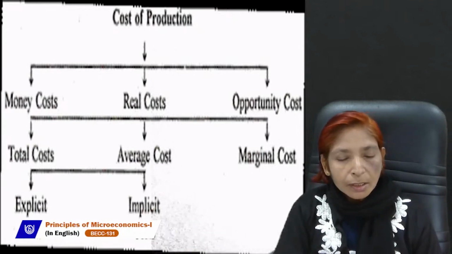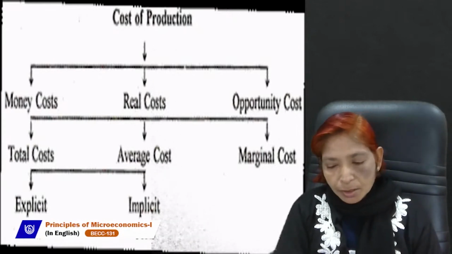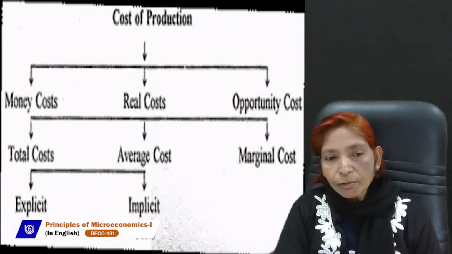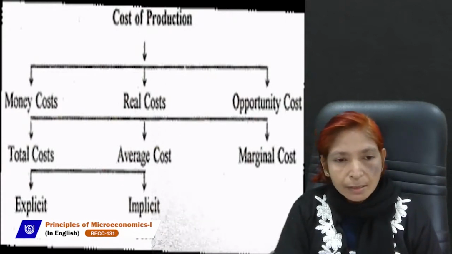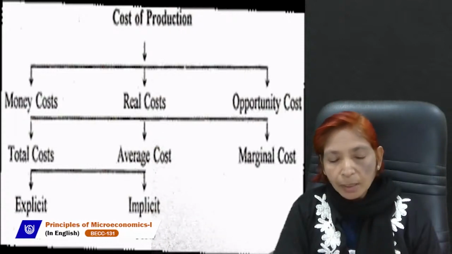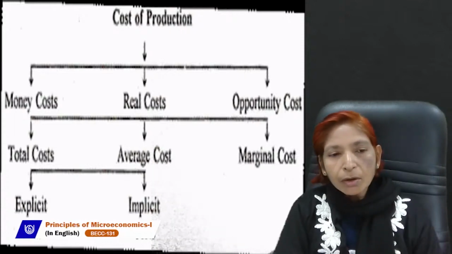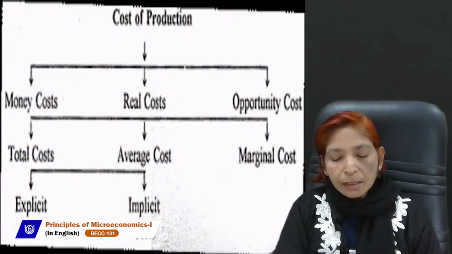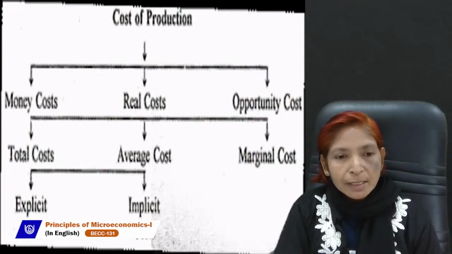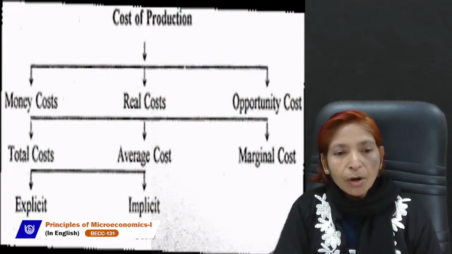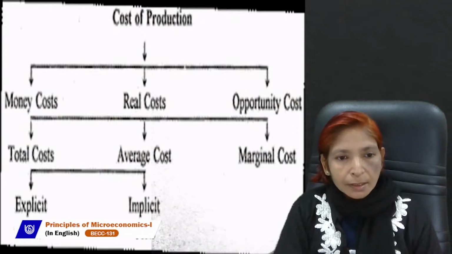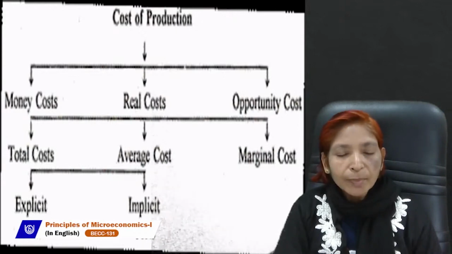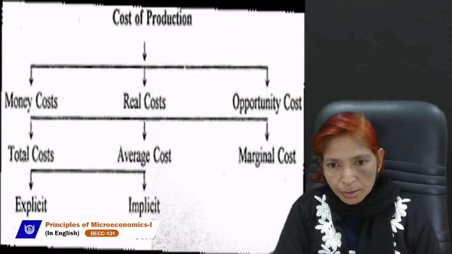For example, the sacrifices, the loss of comfort, all these things are called real cost. When a student studies at night for an exam, he sacrifices his sleep or rest or comfort, which can't be measured in terms of money. That is called real cost.